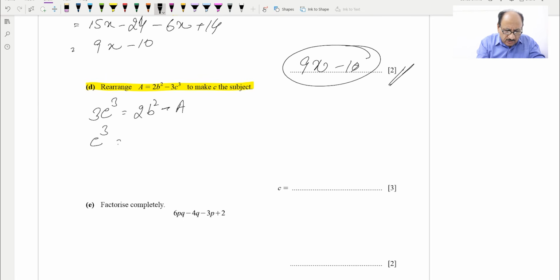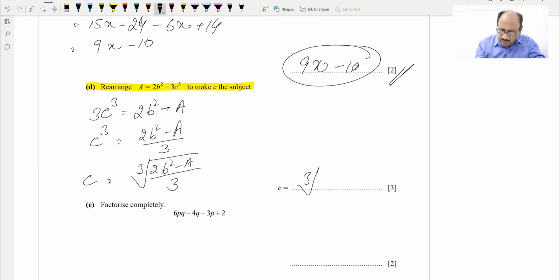So c cube is equal to 2b square minus a over 3, and now we need to take the cube root. So c will be equal to the cube root of 2b square minus a over 3, and this will be our answer. This is for 3 marks.